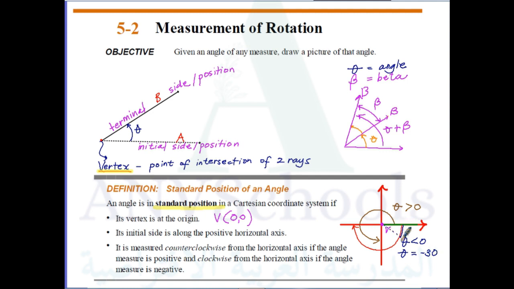So this is negative 30 degrees. When your theta is positive, for instance theta equals 60 degrees, this would be somewhat here. This is positive theta, 60 degrees. So I think that's a little bit understandable now.